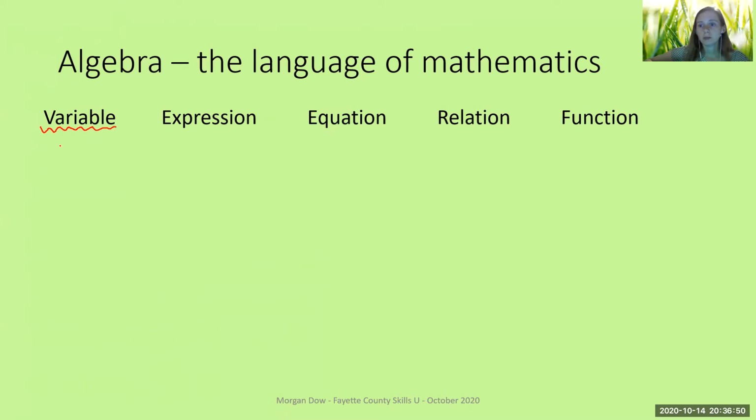What does that word variable mean to you? Have you heard it used before, or a word that sounds similar? Have you heard it used in math class, or outside of math class, out in the world? Some things I think of when I hear the word variable: sometimes people will say things like, oh, the weather has been so variable lately.